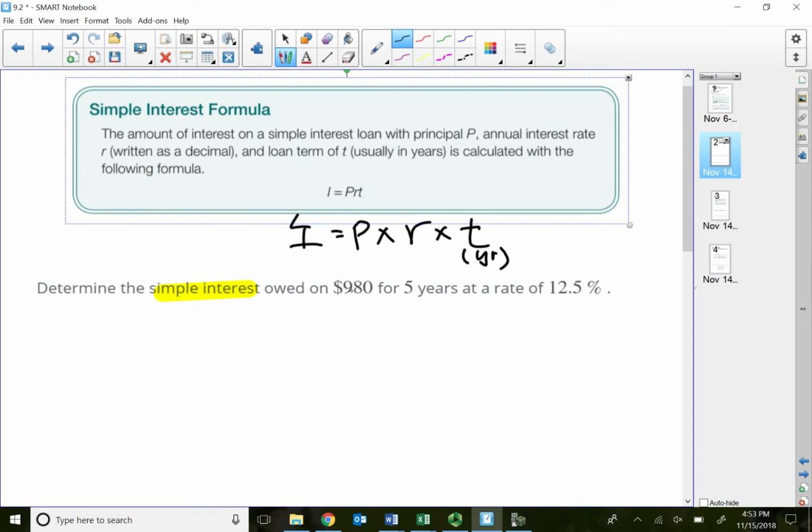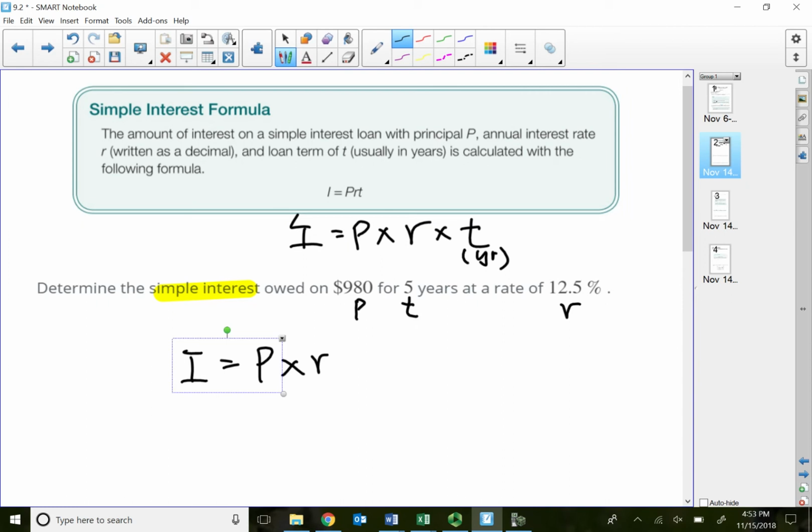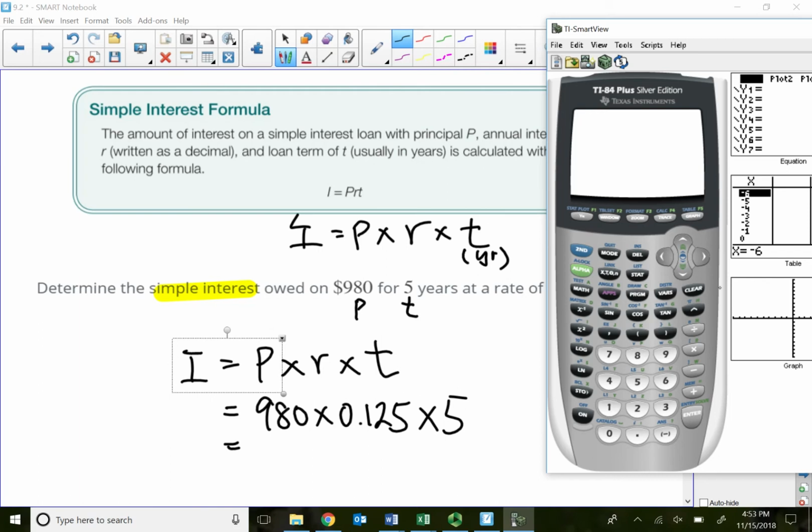The 980 is my principal, what I borrowed, 5 years is my T, and my interest rate is R. To find the interest, I take my principal times the rate times the time. That will be 980 times 12.5%, which in decimal notation is 0.125, times my time, 5 years. That will tell me how much interest I will owe.